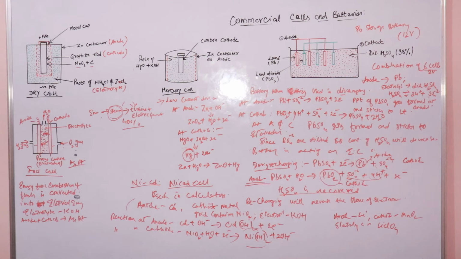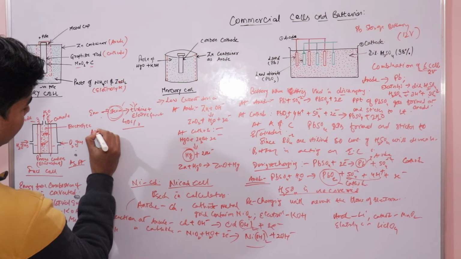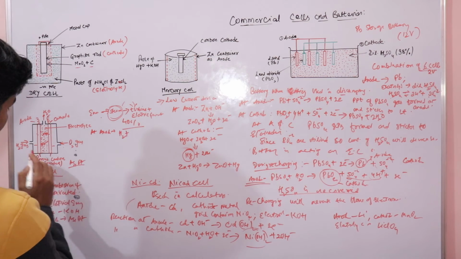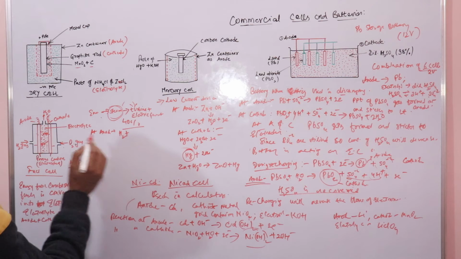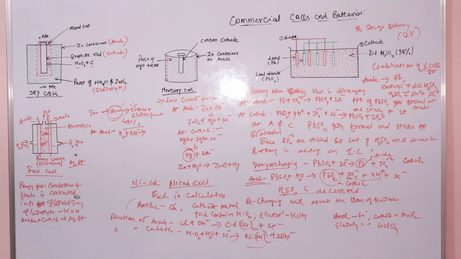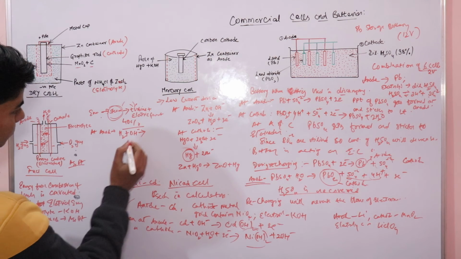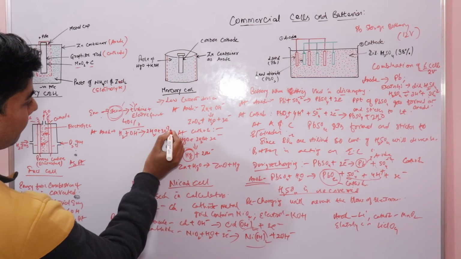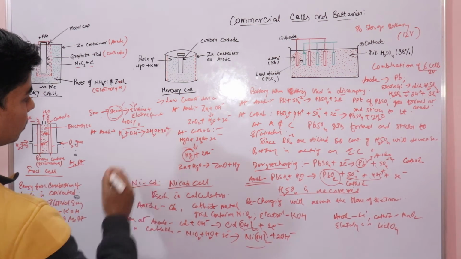So here the reaction at the anode: we pass hydrogen into this electrolyte, and hydrogen will react with OH ions, which come from the electrolyte, to form water plus 2 electrons.